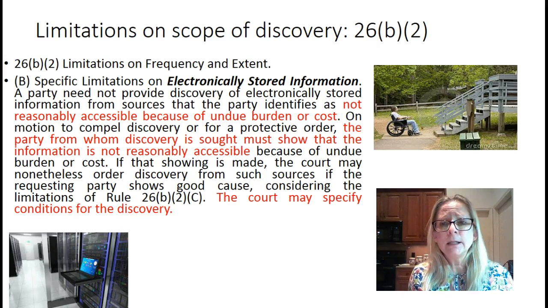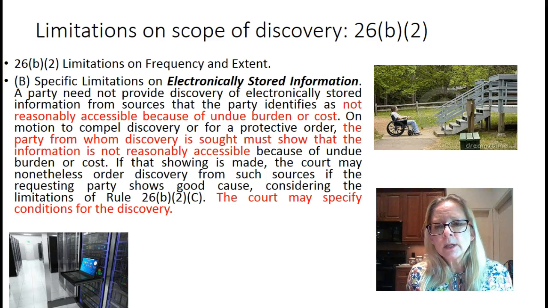26(b)(2)(B) and deals specifically with electronically stored information, so emails, text messages, Facebook postings, what have you, and deals with ESI that is not reasonably accessible.